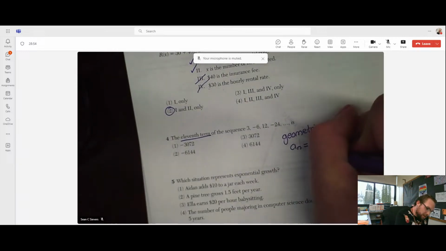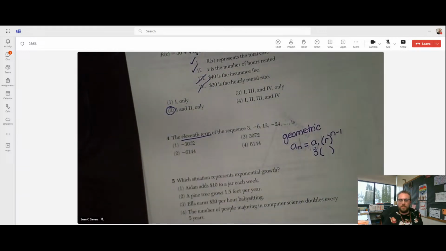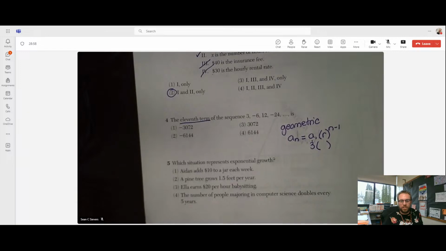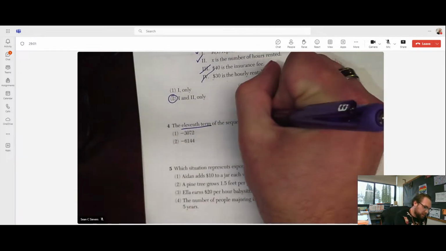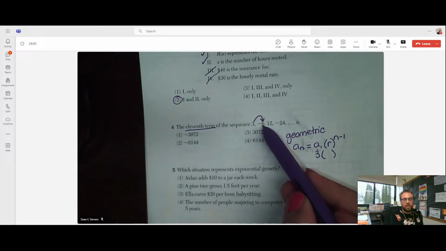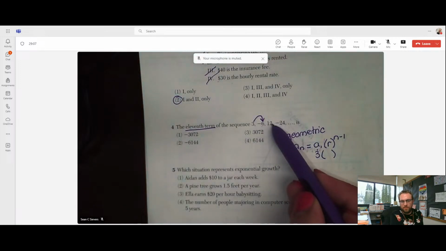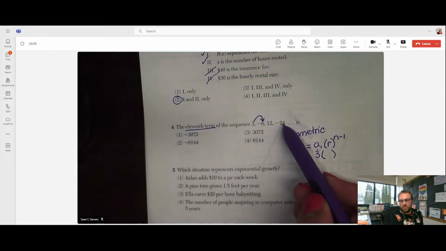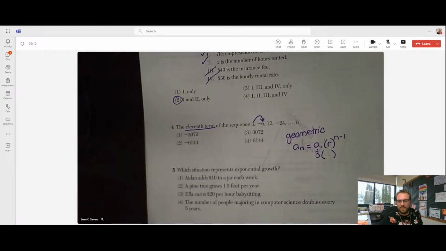Okay, we have to find r. R is the common ratio. So what number can I multiply by 3 to give us -6? And then what number times -6 will give us 12? What number times 12 will give us -24? Go ahead and drop your guesses in the chat.